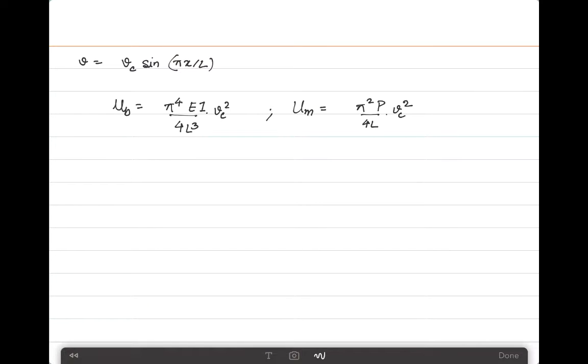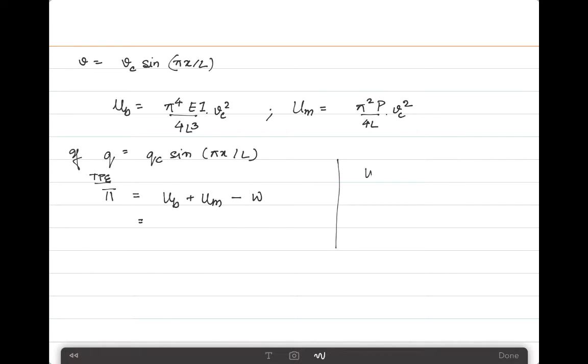In the same way, if the lateral load is also a half sine wave, Q equal to a maximum load at the center Q_c times sine of pi x by L, then the total potential energy of the system will be given as the bending strain energy plus the membrane strain energy minus the work done on the system.